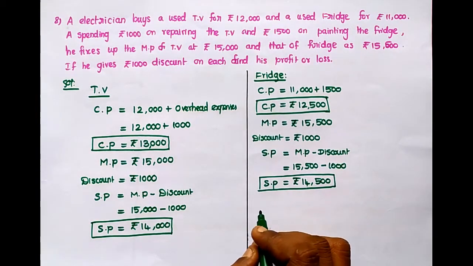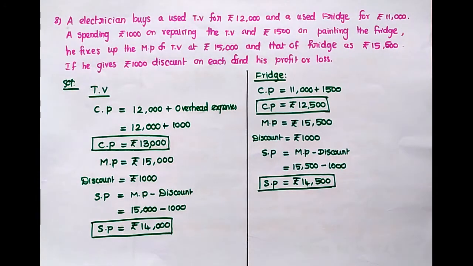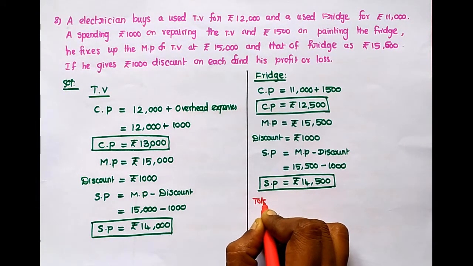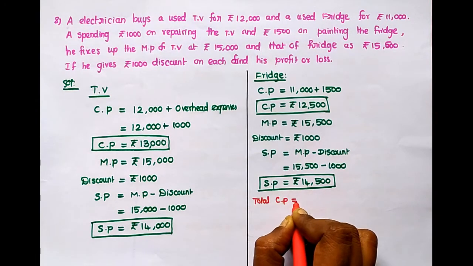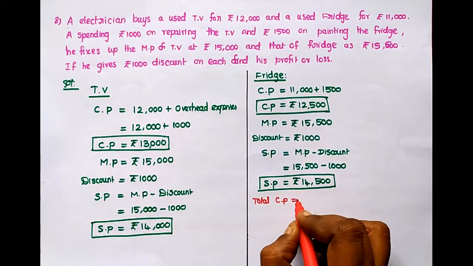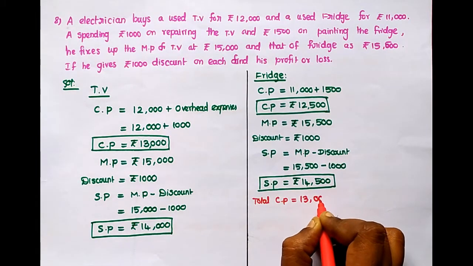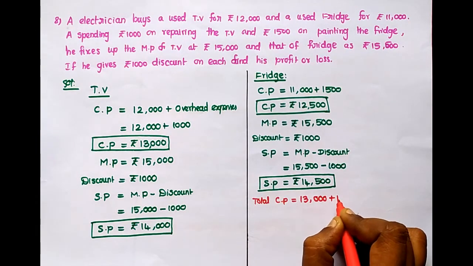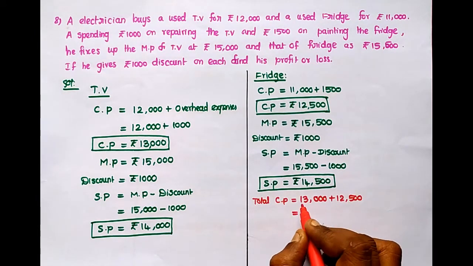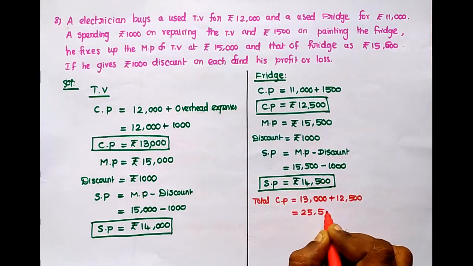Now cost price. Total cost price here equal to 13,000 plus 12,500, that is equal to 25,500.